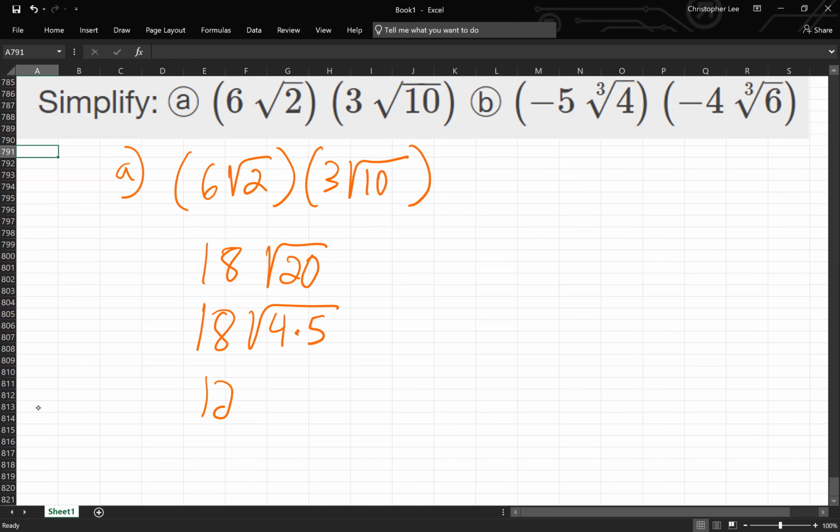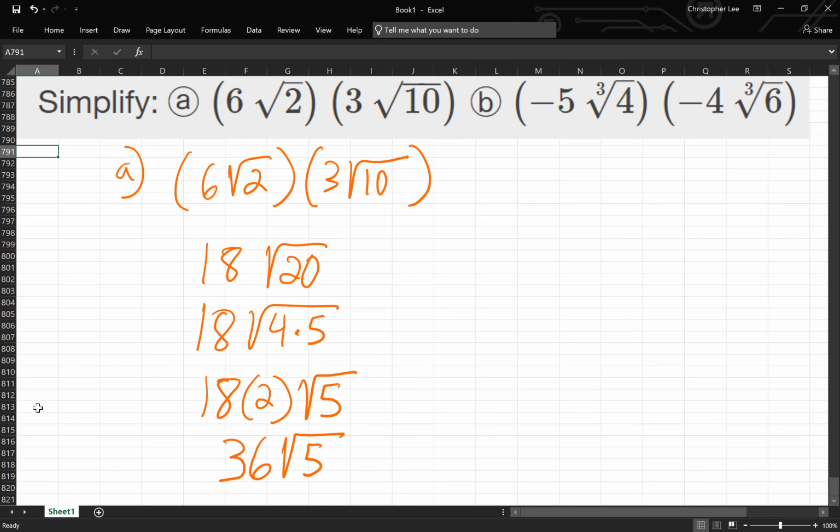So this is 18 times 2, and then the radical 5. And 18 times 2 is 36, I think. So 36 radical 5. And that's it. Where did you come from? Square root of 4.